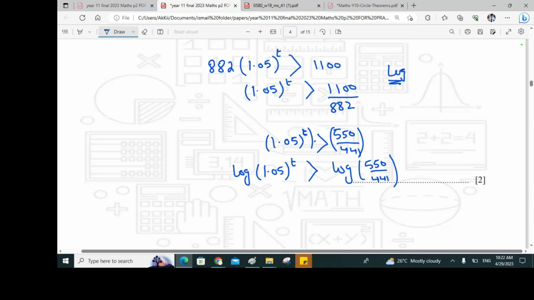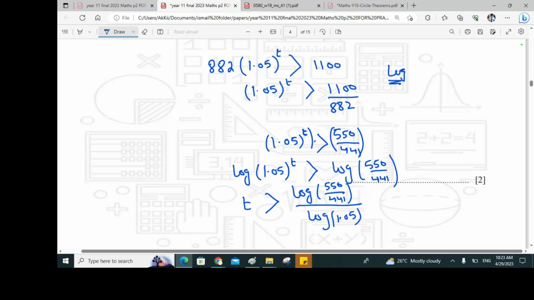Okay, and when I apply the log, the power can come in front as a coefficient. So it will come over here, t, and this will be greater than log of 550 divided by 441 whole divided by log of 1.05.